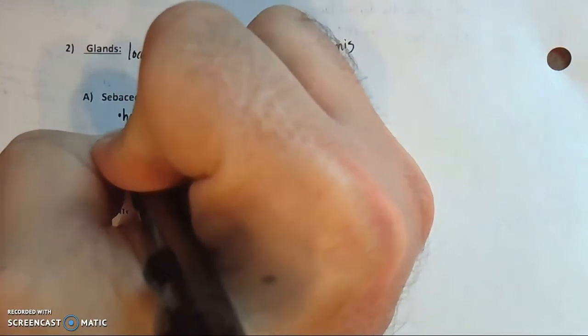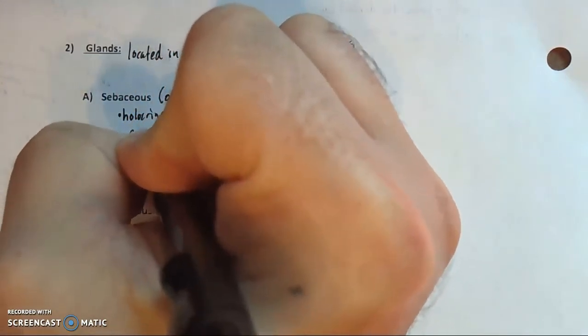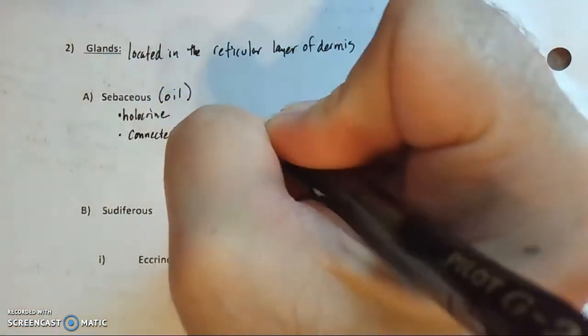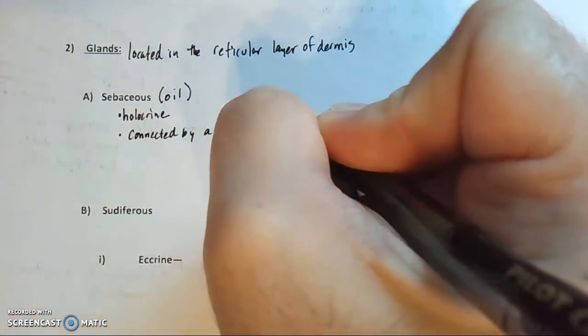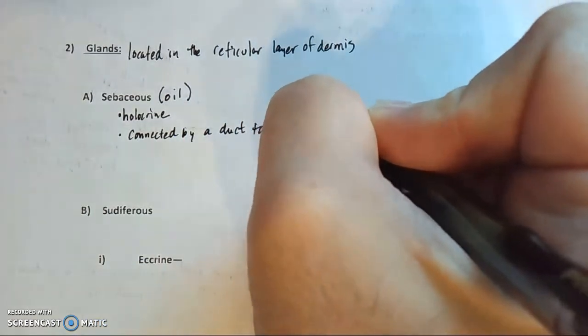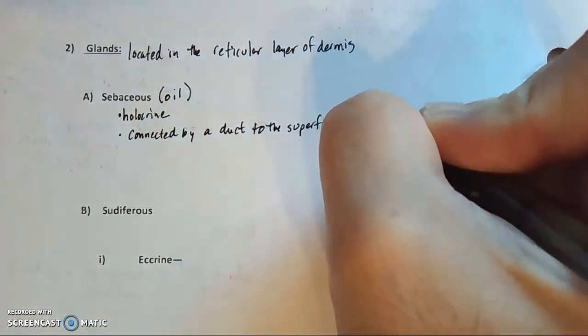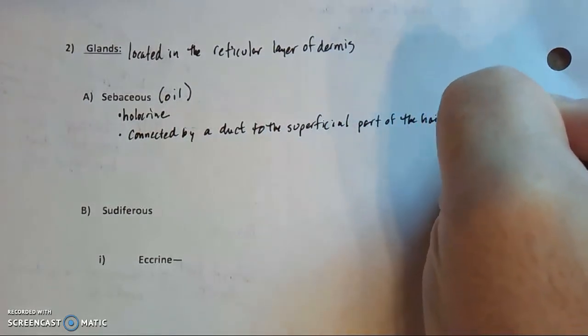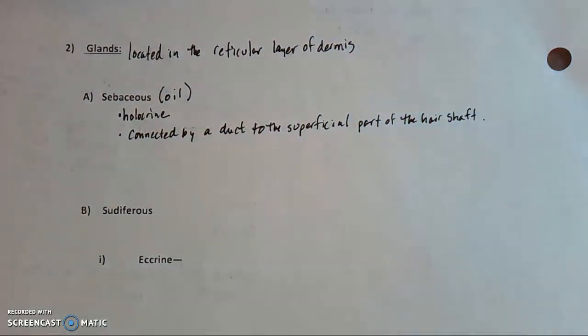And they are connected by a duct to the superficial part of the hair shaft. So this actually attaches right above the follicle onto the hair shaft, and the oil comes out of where there would be an opening for a hair.